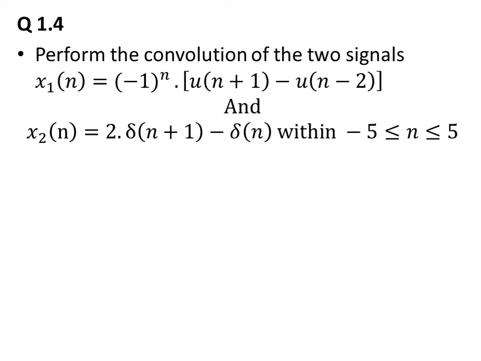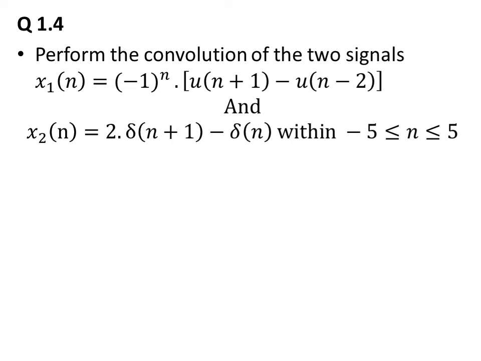So what you can do is you can write x2 in terms of the discrete values. So in here x2[n] is represented as a weighted sum of shifted versions of the unit impulse.